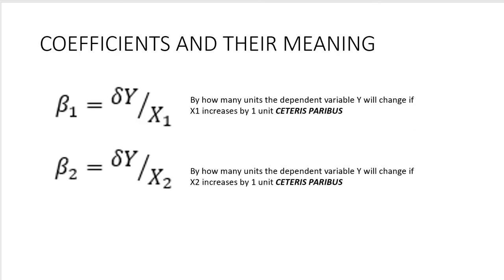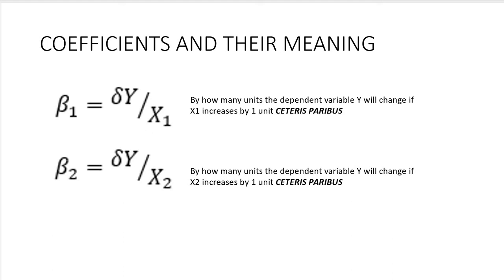So for instance, if we go back to the model we discussed before, beta 1 will be interpreted as partial derivative of y with respect to x1. It will tell you by how many units the dependent variable y will change if x1 increases by 1 unit ceteris paribus, or assuming that the value of x2 remains fixed.